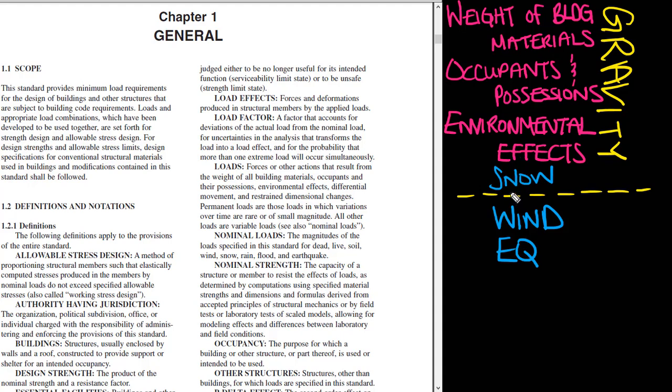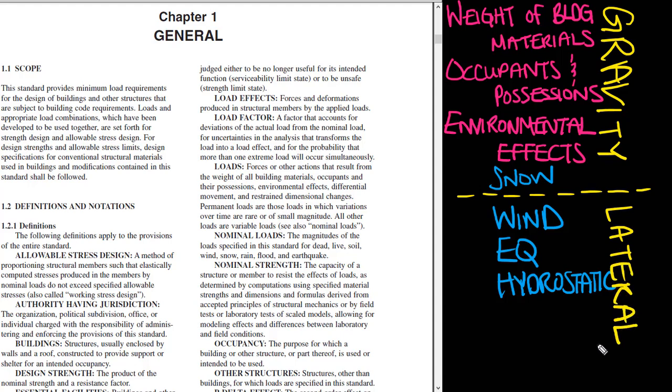Soil pressure on a retaining wall, or hydrostatic load, is another environmental effect on a structure. These loads all push and pull on the building horizontally, and so we'll call them lateral loads. And again, we'll talk more about these lateral loads next week.